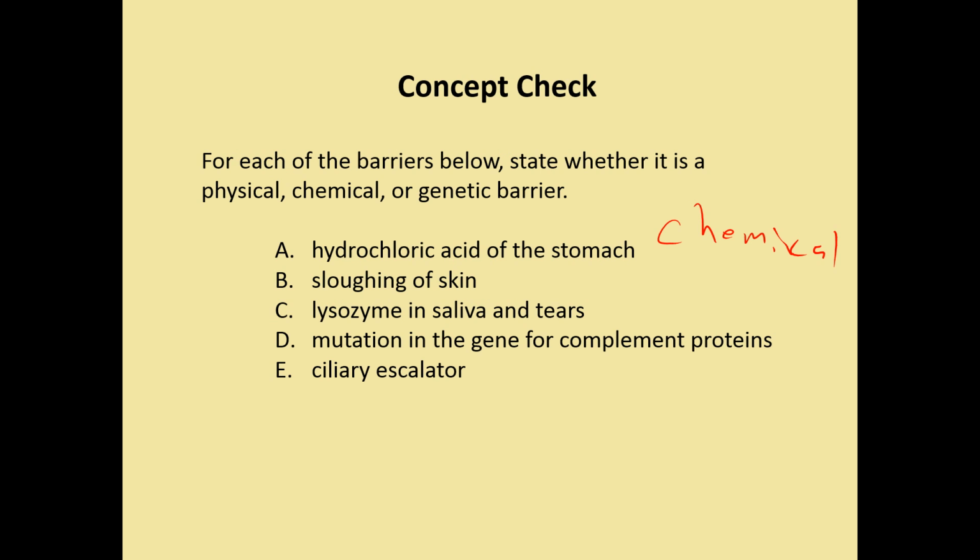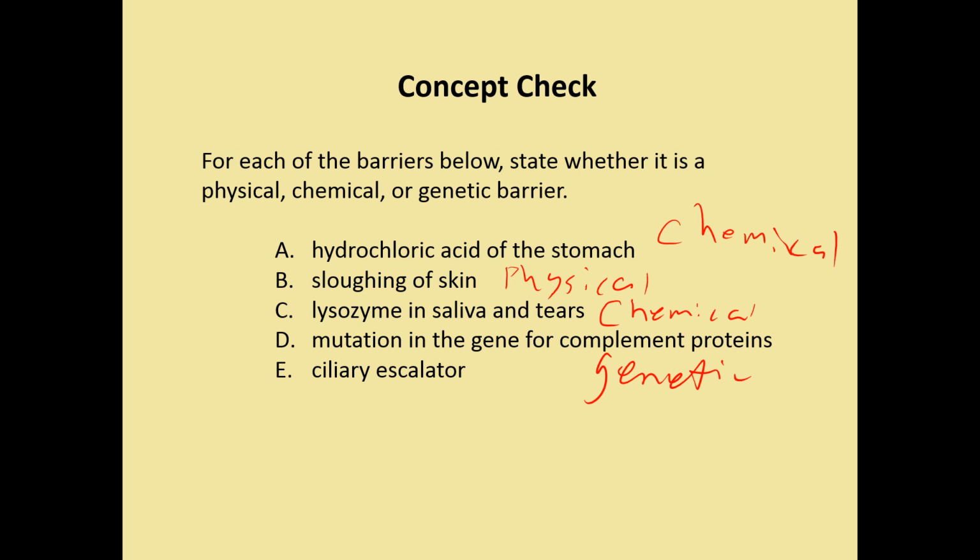Sloughing of the skin is an example of a physical barrier. Lysozyme in tears and saliva is an example of a chemical barrier. Mutation in a gene for complement proteins is genetic.